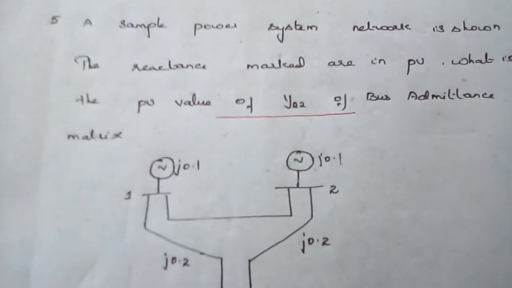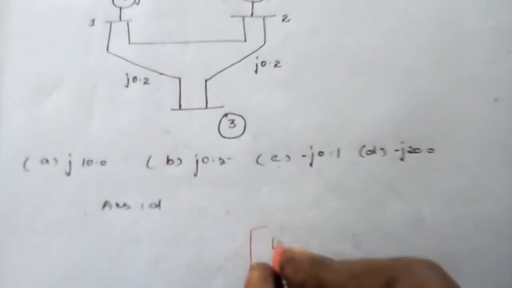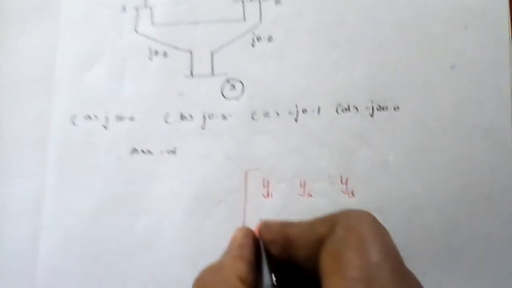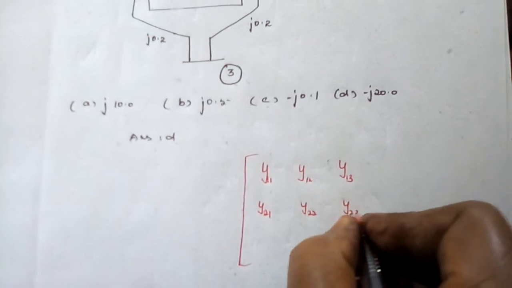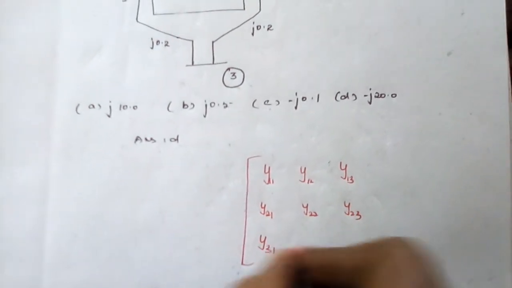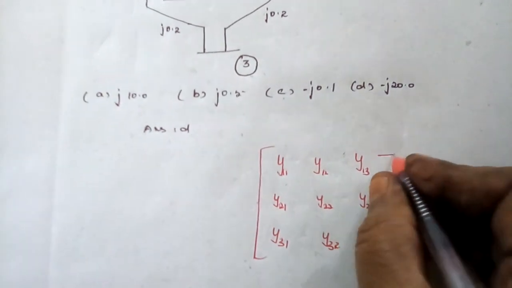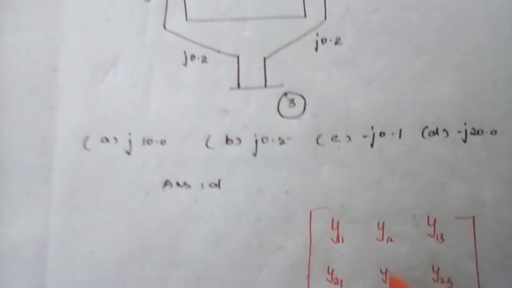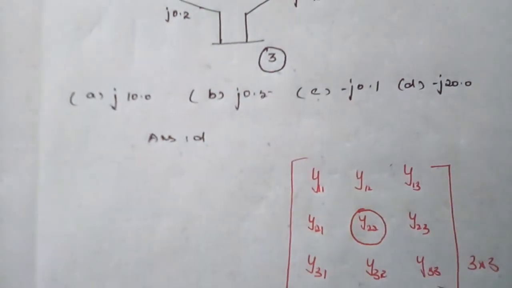Here the sample system is a 3-bus system, so we have Y11, Y12, Y13, Y21, Y22, Y23, Y31, Y32, Y33. Since it is a 3 cross 3 matrix because of the 3-bus system, right? So here we need solely the Y22 one, okay?